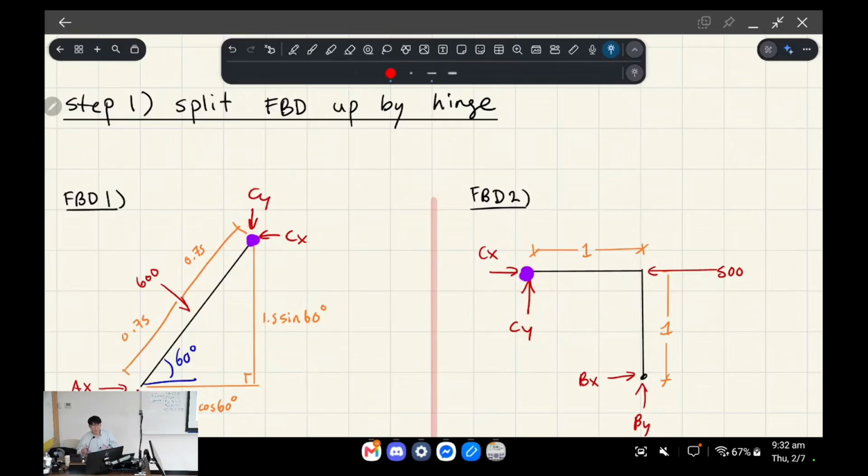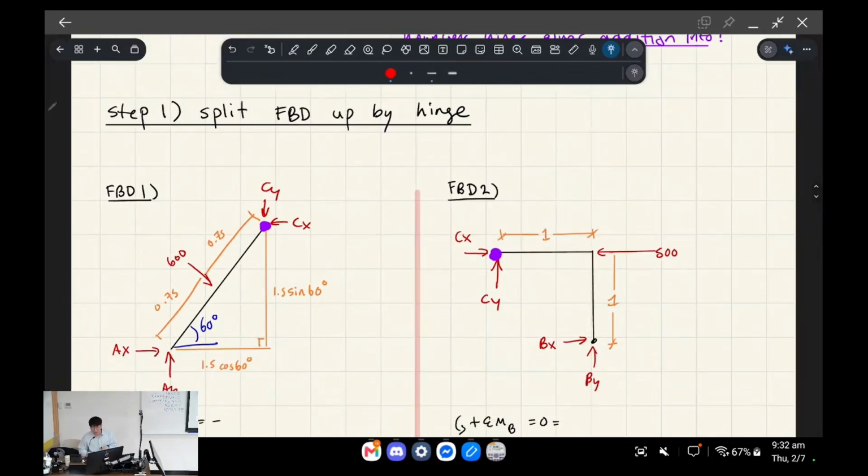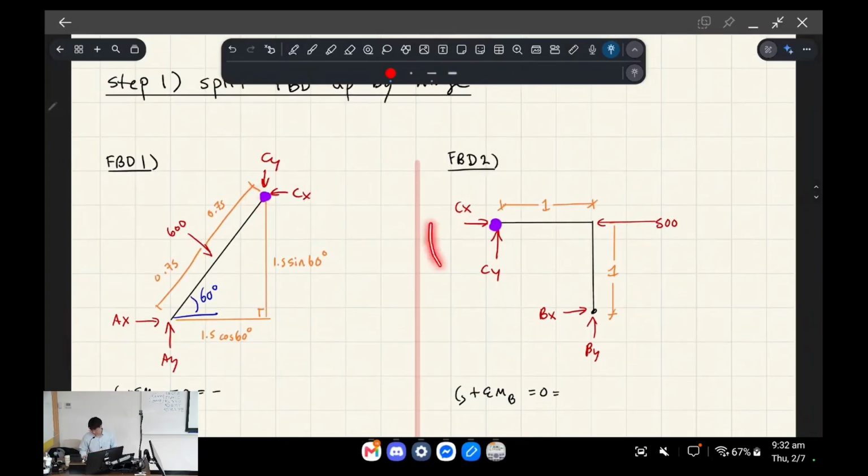And so what you're gonna see is that because these are equal and opposite for both the vertical case as well as the horizontal case, we're gonna be able to use simultaneous equations, right, to solve for these forces at the hinge, all right? And then once we have the forces at the hinge, we actually solve for the support reactions, okay?